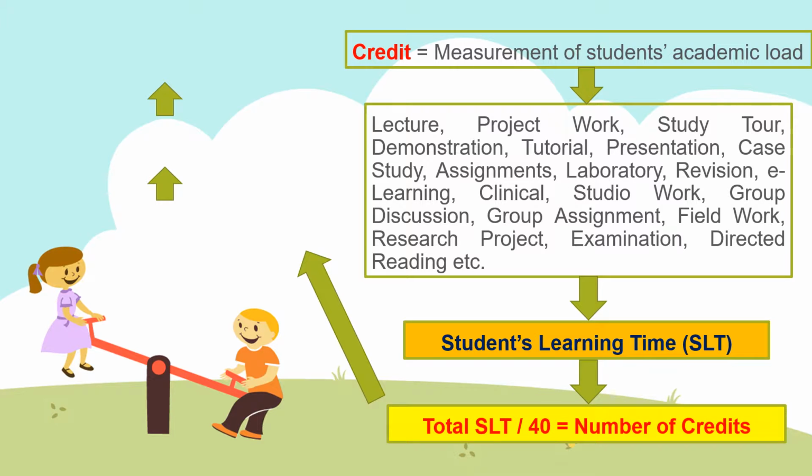In order to calculate the number of notional credits, we have to sum the total of SLT and divide it by 40. Remember, one notional credit is equivalent to 40 SLT.